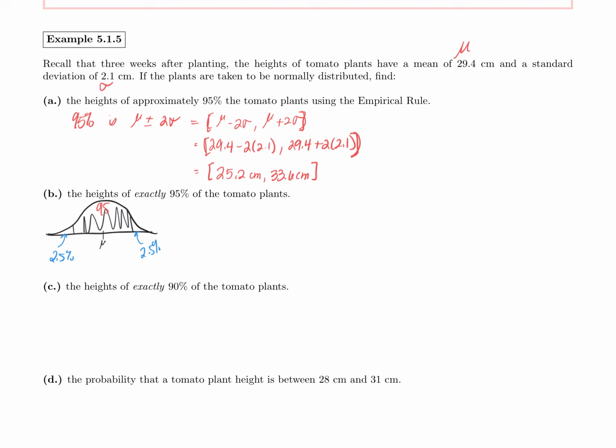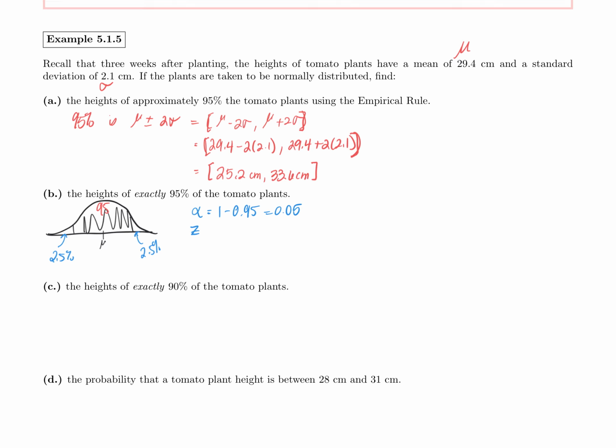So what's kind of cool here is we can say that we're looking at a value that we're going to call alpha. Alpha is going to be 1 minus the 0.95, which is that 5% that we're going to split into 2 tails.